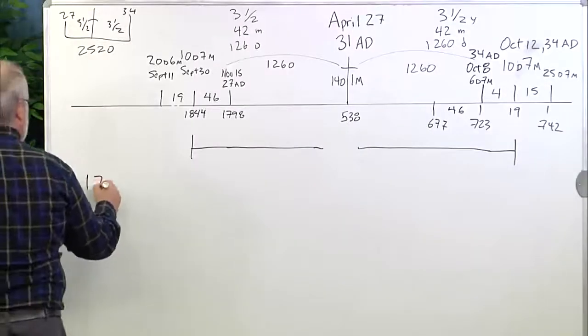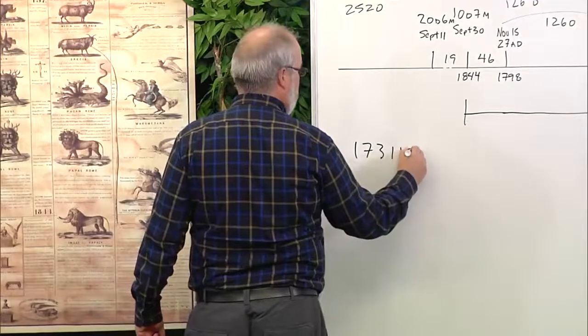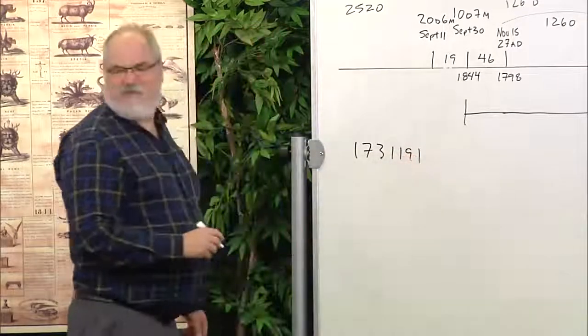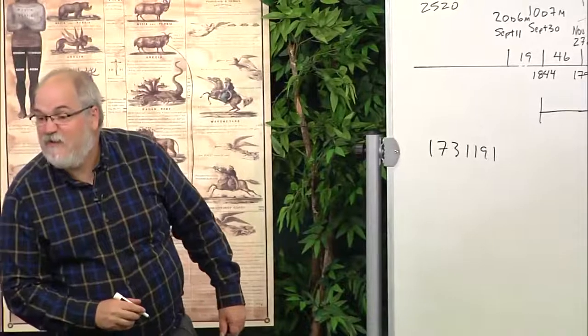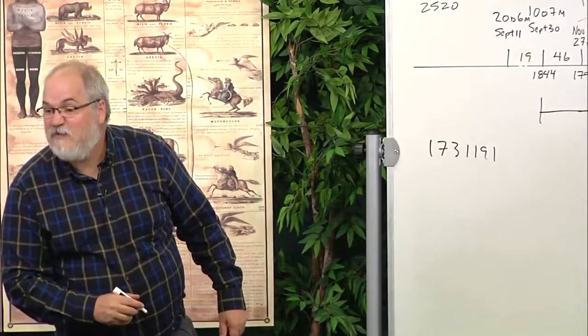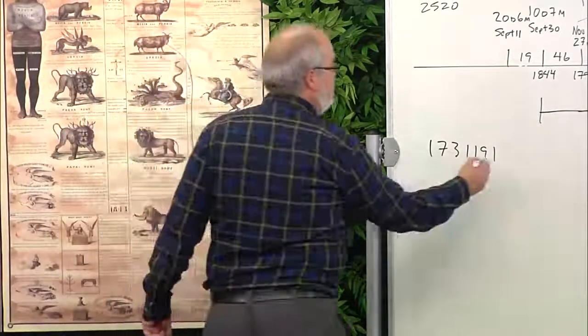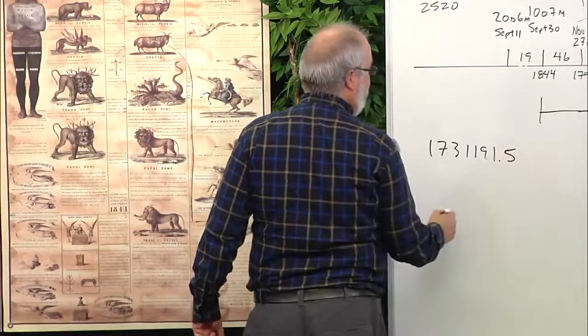In the calendar converter, I'm going to put the date that I have, September 30th in 27 AD, and the number that it produces, we already had that there before, 1731191.5.